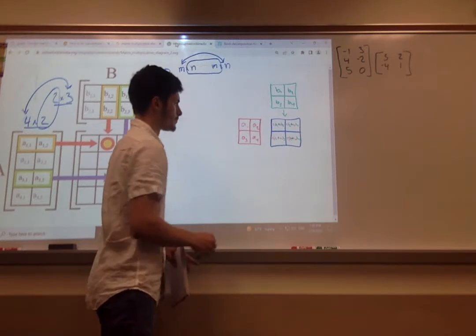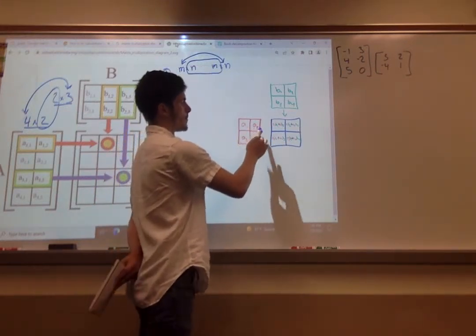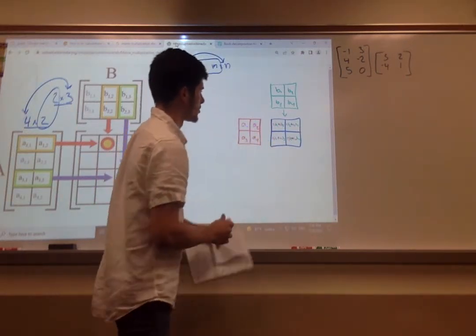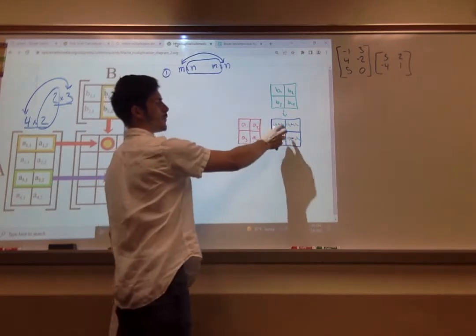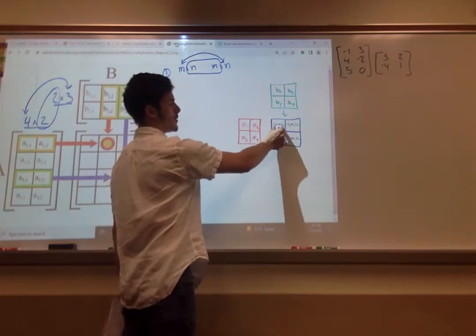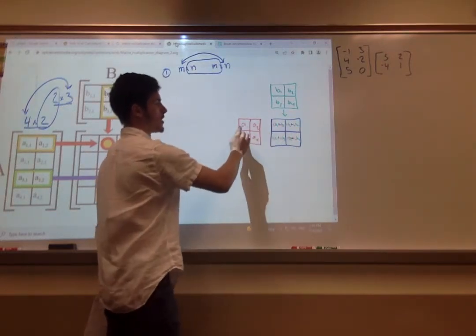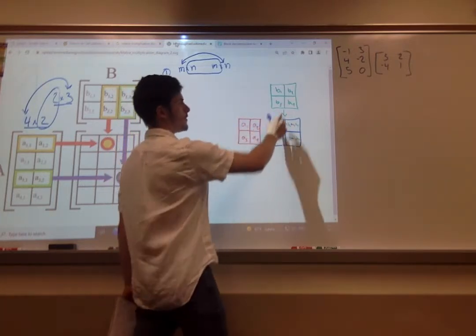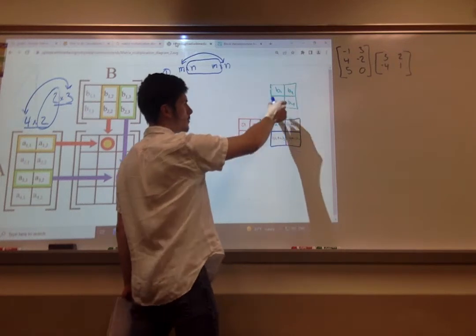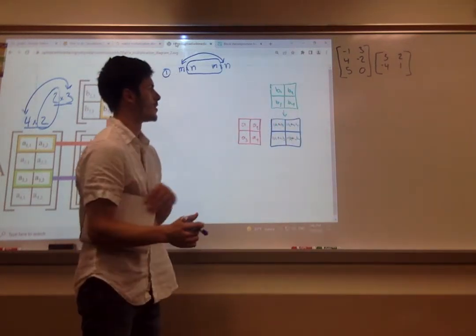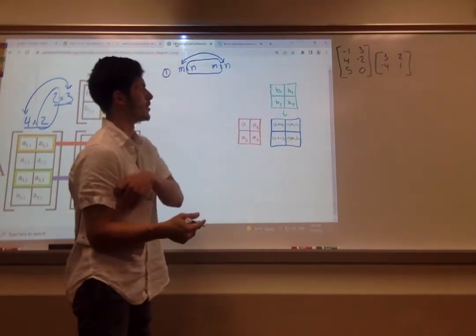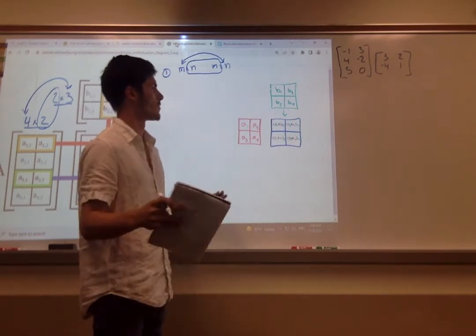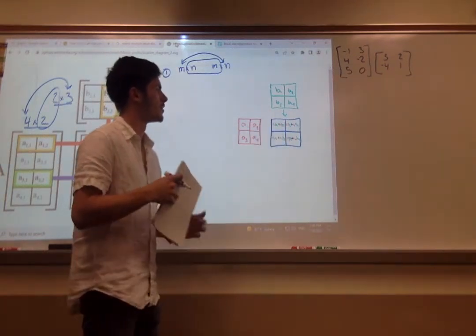So what we're doing is taking the rows. If we're finding the top left entry of the product matrix, we're going to take the top row of the first matrix and the left column of the second matrix, take the products of those, and that'll be our first entry.